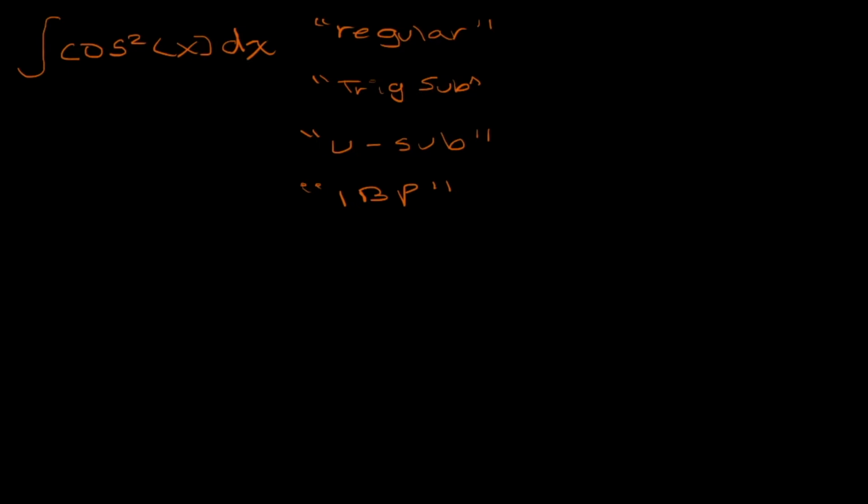So if I'm looking at u substitution, sure, what can I do? Perhaps I could say that my u is cosine of x, or even cosine of x squared. But let's just see where this goes.